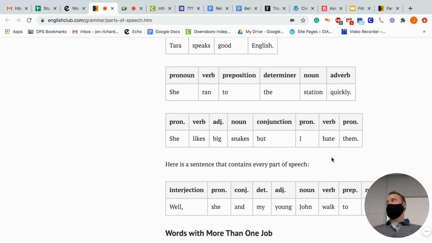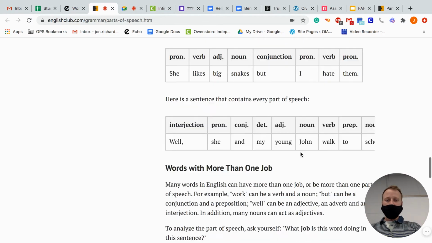I. And what is I doing? Hate. I hate them. Okay? So we're finding that subject, verb, complete thought. Okay? Everybody say that with me. Subject, verb, complete thought. One more time. Come on. Subject, verb, complete thought. I need energy. Subject, verb, complete thought.